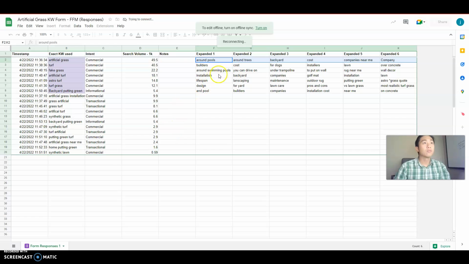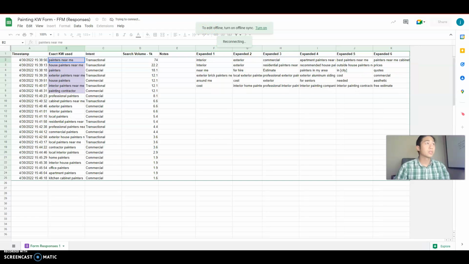They're not the same for each one, right? So service page 2 is going to be turf. You're going to have different expanded keywords. All right. So that's the structure of this.